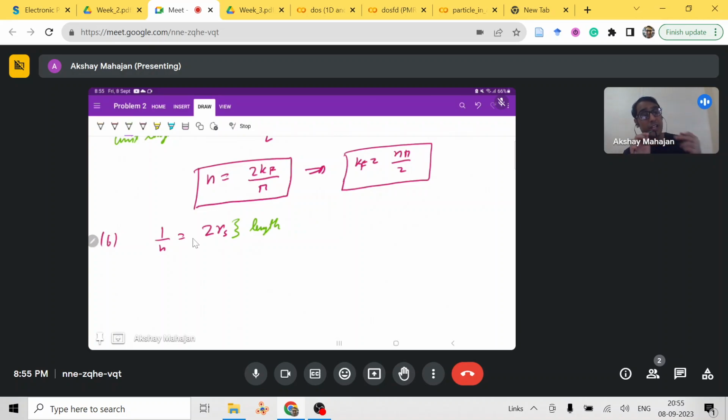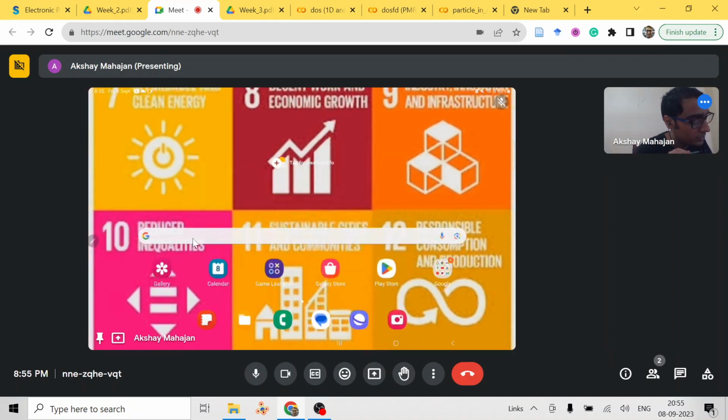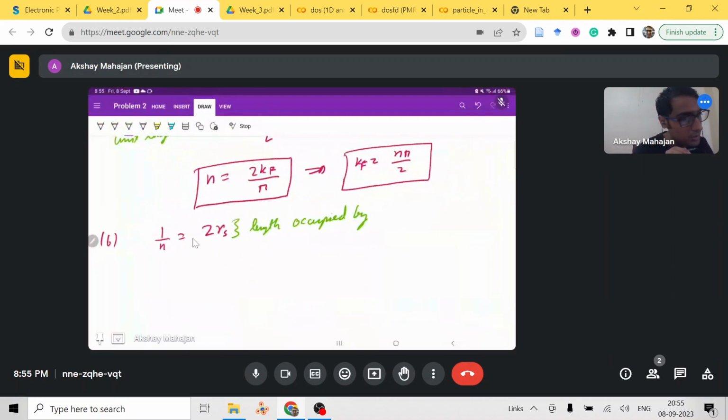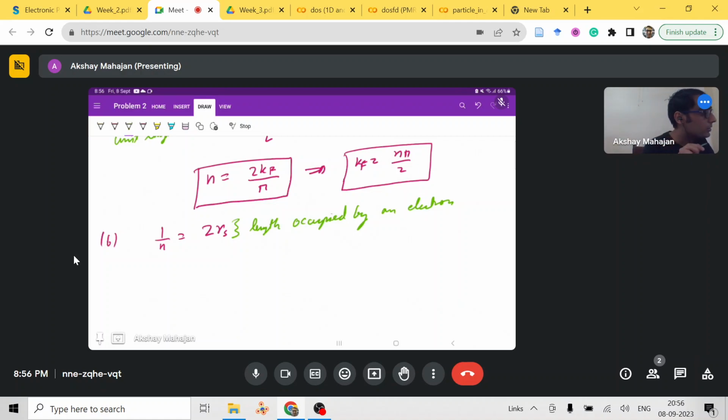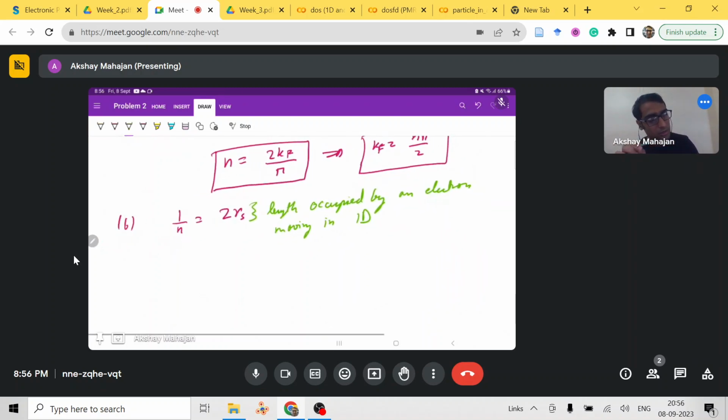Okay, rs was the radius of the sphere and the circle that the electrons occupy in real space. Now r is the radius, so now we will talk in terms of diameter. So the length will be 2 times rs, the length occupied by an electron moving in one dimension.